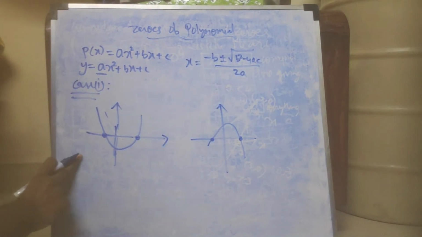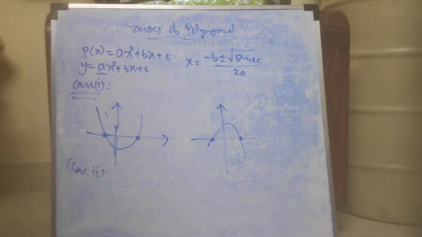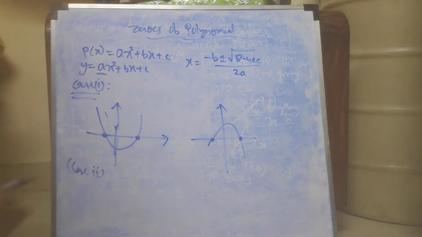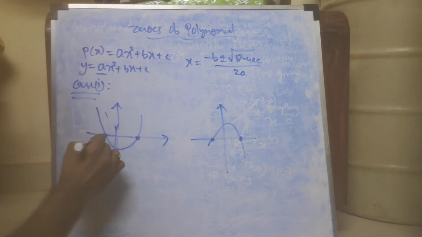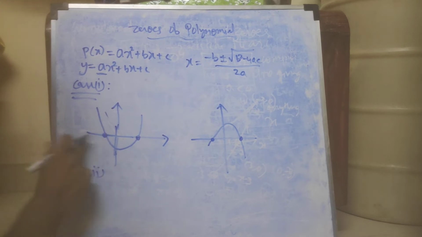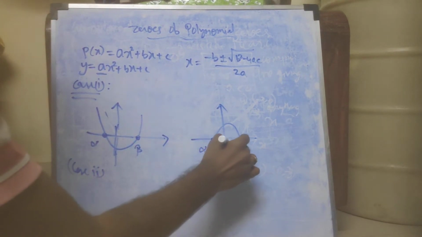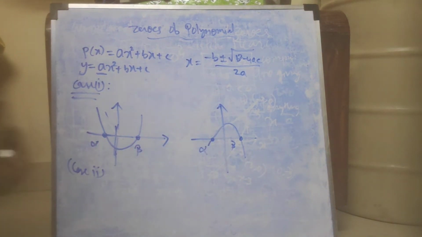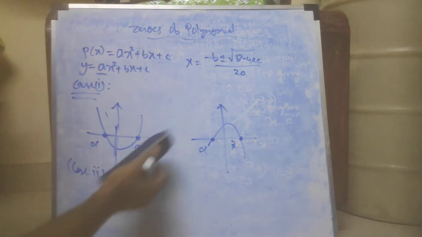So there are two zeros for these quadratic polynomials. Let us call these two zeros alpha and beta. These two zeros are different, but depending on the value of a, this type of graph may come.